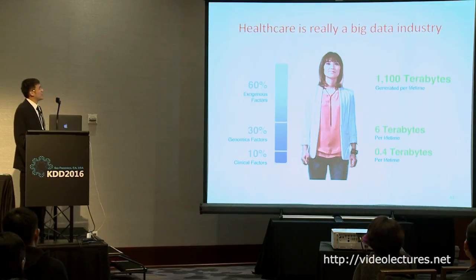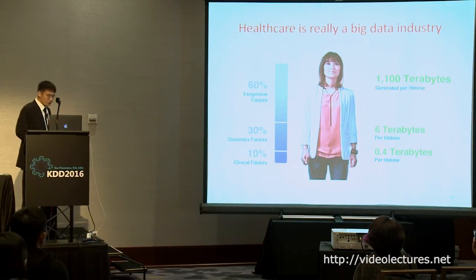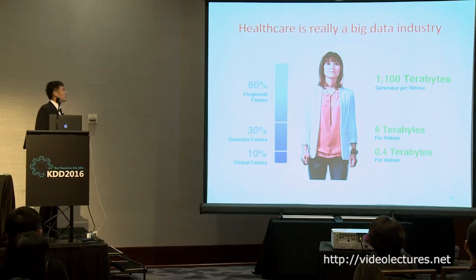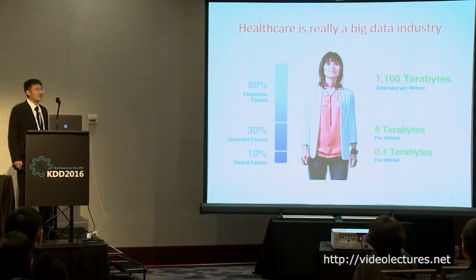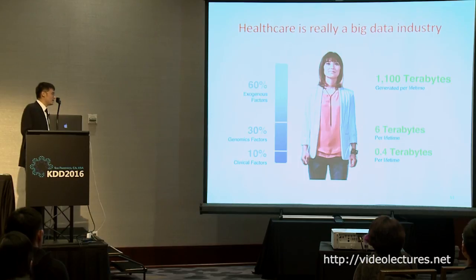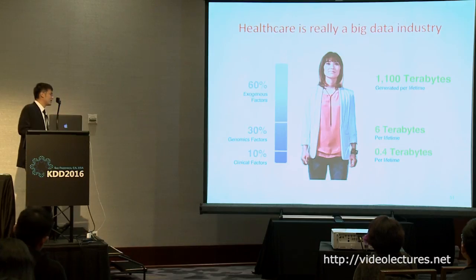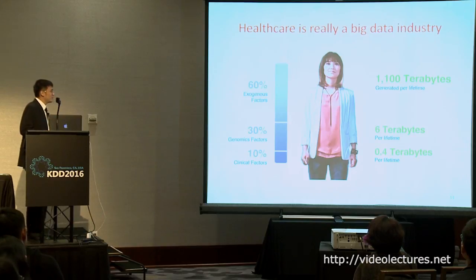At the end of the talk, I just want to introduce the healthcare domain. Actually, right now is the big data industry, and a lot of data is generated. Per lifetime, 10% of data is the clinical factor, which is 0.4 terabits.